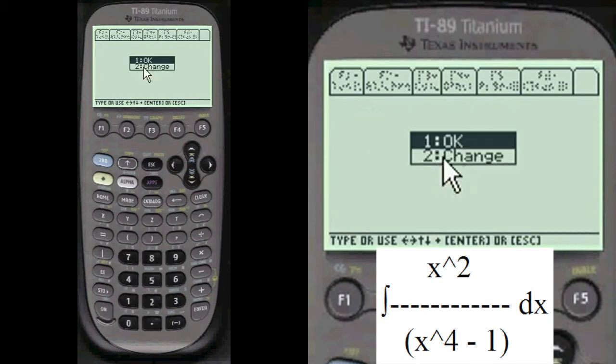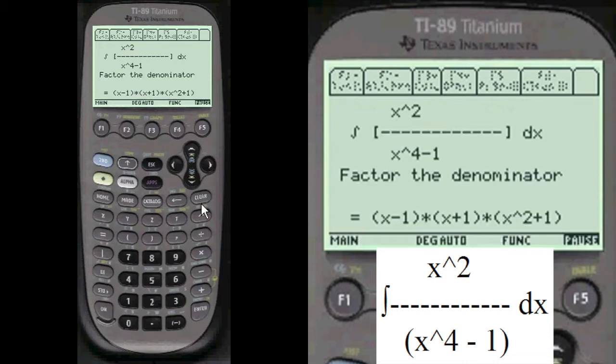I always show you so you can change it in case you made a mistake in the first function. So here's the factor of it. And here's an x squared in one of the factors. What do you got to do there? This would be a over x minus 1, b over x plus 1, and then you have an x squared, so you need to go cx plus d.